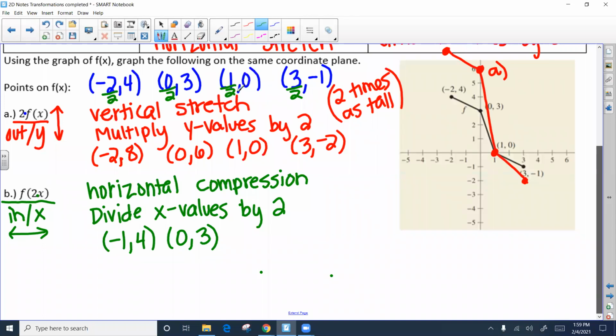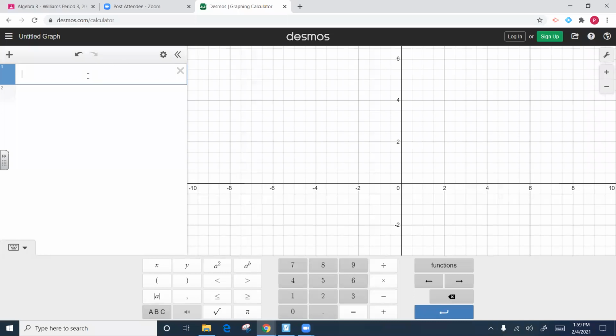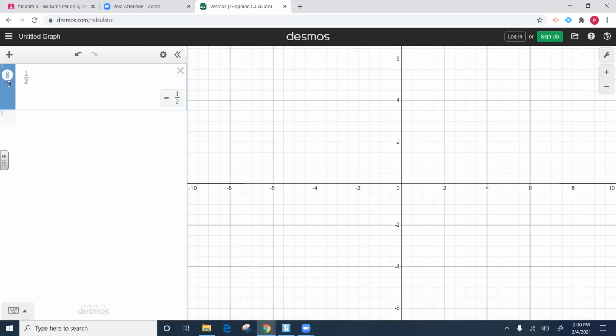The third point was 1 divided by 2. It doesn't divide evenly. So in a case like this, you could either leave it as a fraction or put it as a decimal. So that would be 1/2, 0. Just a reminder, if you are not sure with your arithmetic, like adding, subtracting, multiplying, and dividing, you can always use a calculator like Desmos to help you out. So 1 divided by 2 either gives us a decimal of 0.5, or if you click this, it changes it back and forth between decimal and fraction.